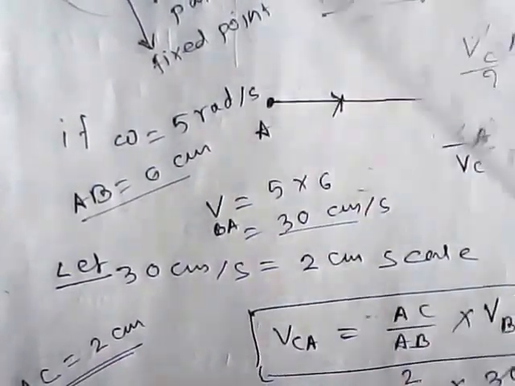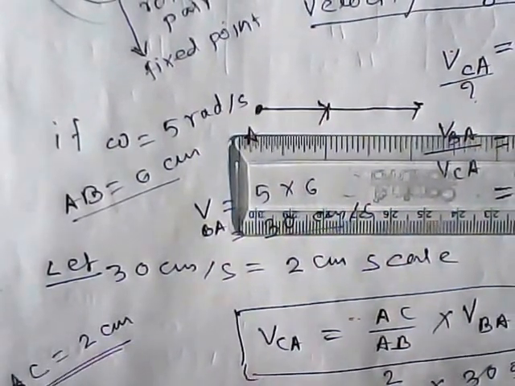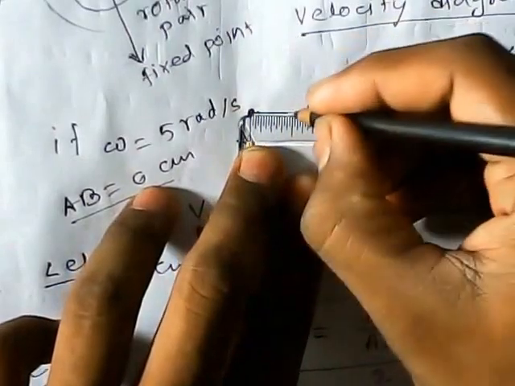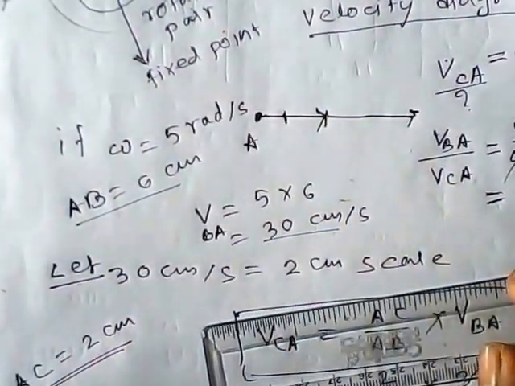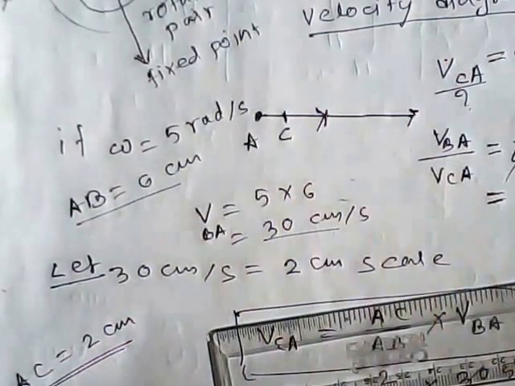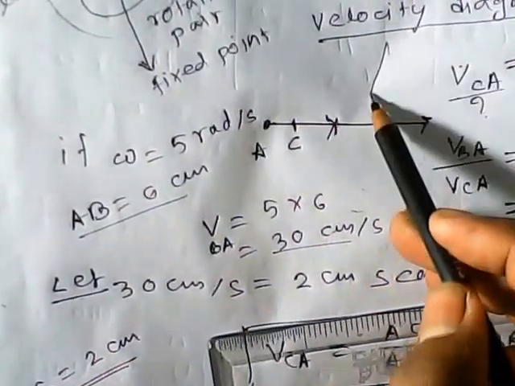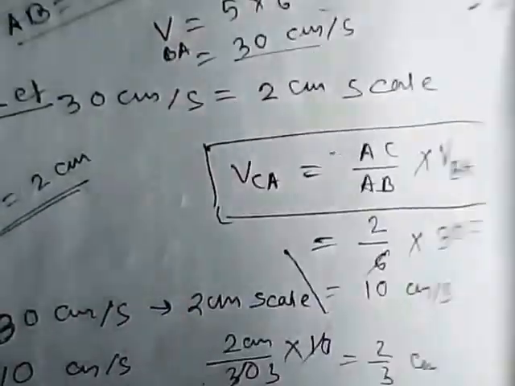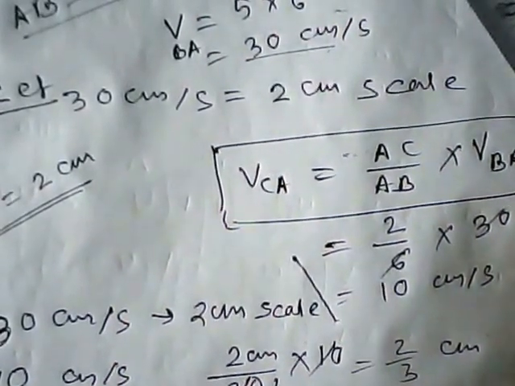So if we locate on the velocity diagram 0.667, this is the velocity of point C. 0.667 means 10 centimeter per second velocity, that is velocity at the point C.